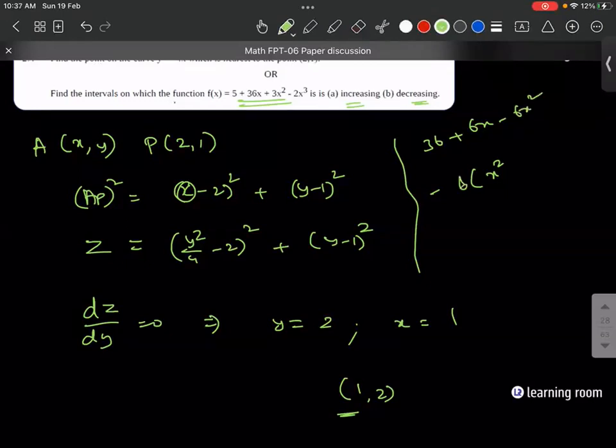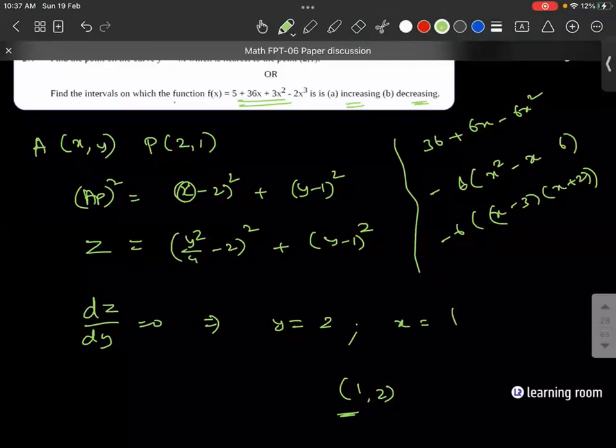If I take out minus 6 outside, x square minus x minus 6. So minus 6 into x minus 3 into x plus 2. So x minus 3 into x plus 2 is going to be the derivative.